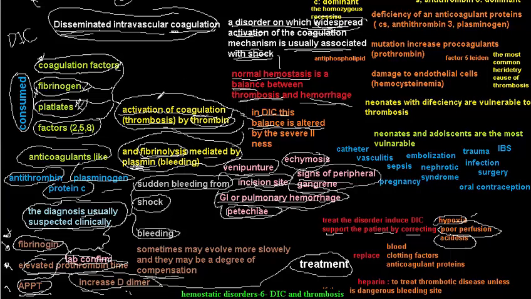The result of the activation of coagulation is a decrease in the coagulatory factors, and not just coagulatory factors, but all the factors that contribute to the coagulatory process will be decreased, because we have a disseminated intravascular coagulation.